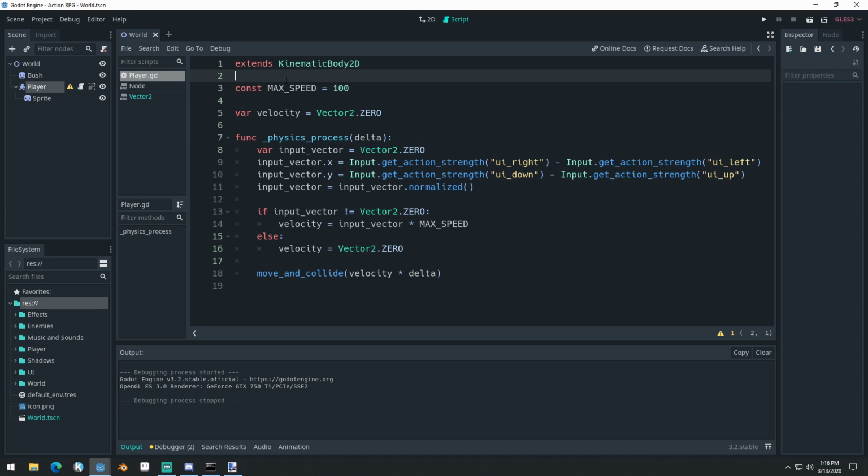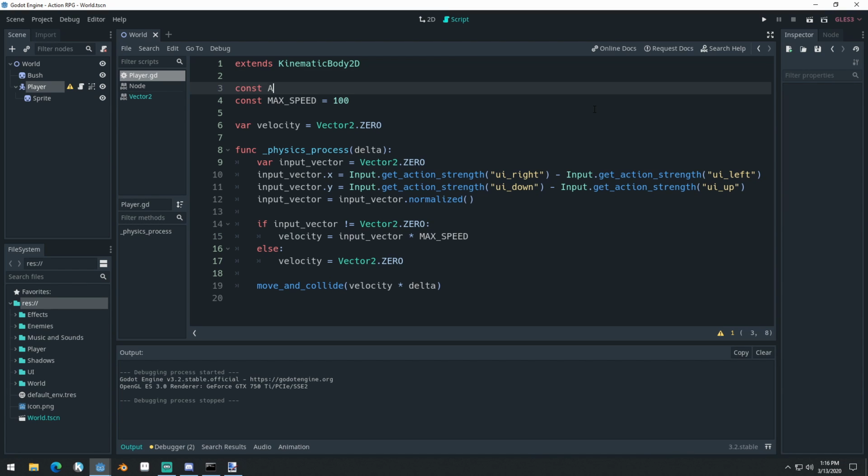If we want to do that, let's create a const here called acceleration. Man, I'm really struggling here today. And let's say we want our acceleration to be 10, right? So our max speed is 100, our acceleration is 10.